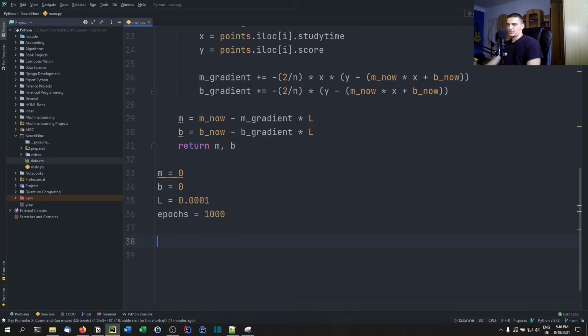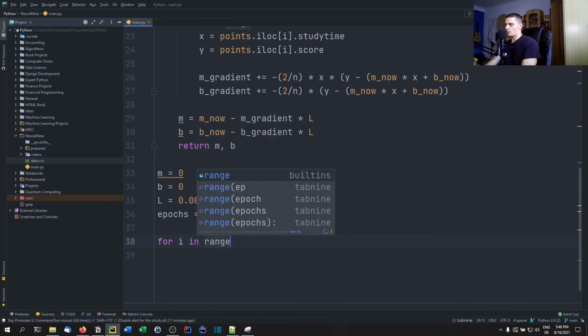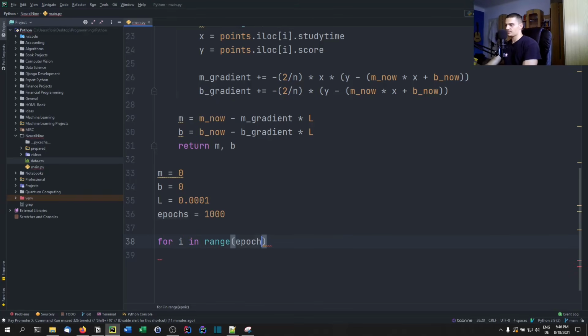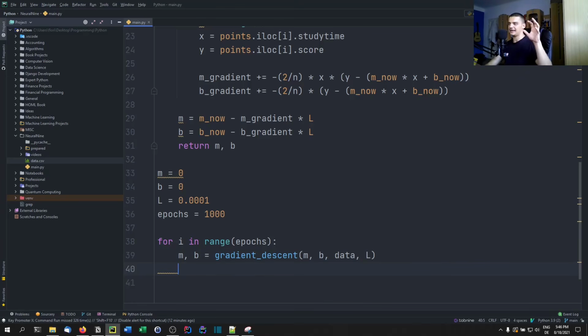And now what we do is we just say for i in range epochs. So for the amount of iterations here, we're just going to say m and b are going to be gradient_descent of m, b, and the data and the learning rate. So we're constantly going to get better and better at estimating the perfect m and b.